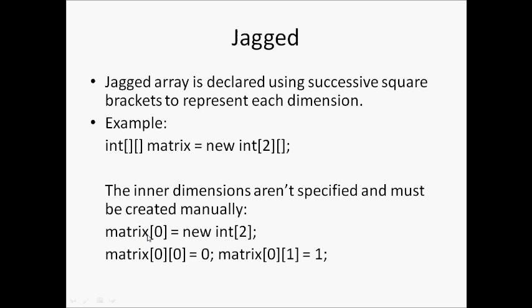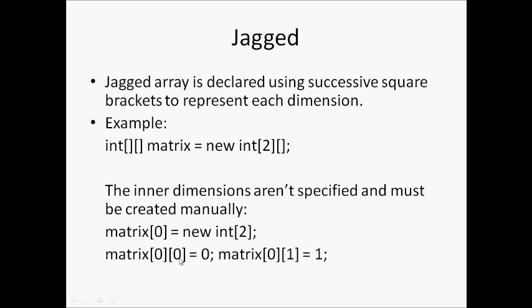So for the first dimension, to create how many elements in this first row, you will say, okay, for the first row here there will be two elements in it, and to assign values to this will be matrix[0][0] equals 0, matrix[0][1] equals 1, and for the next one will be matrix[1] equals new int[2], and then you will have the same kind of setup here.